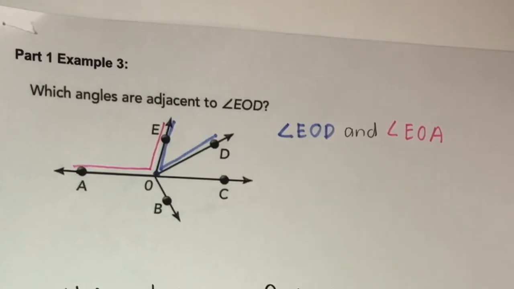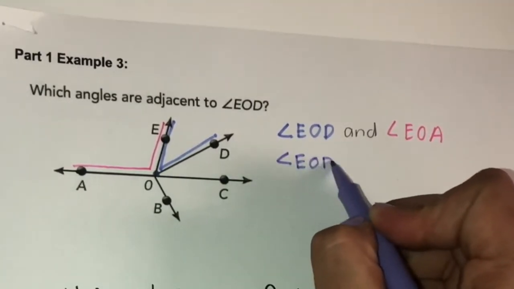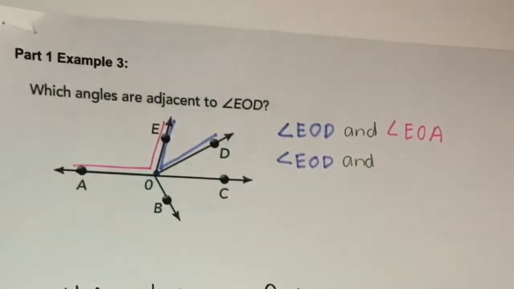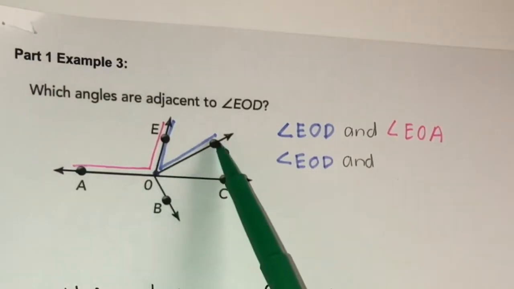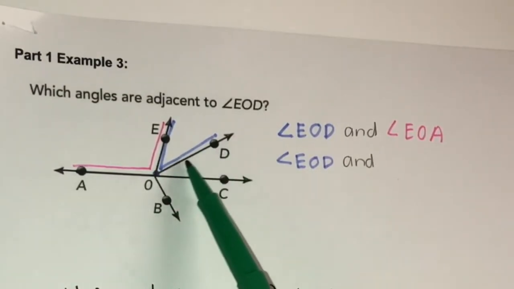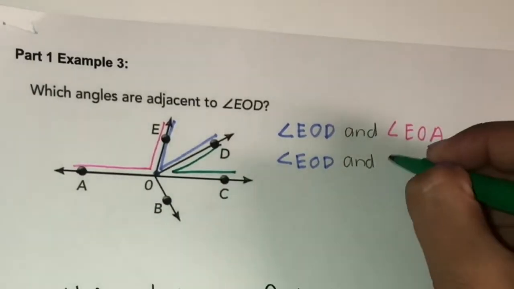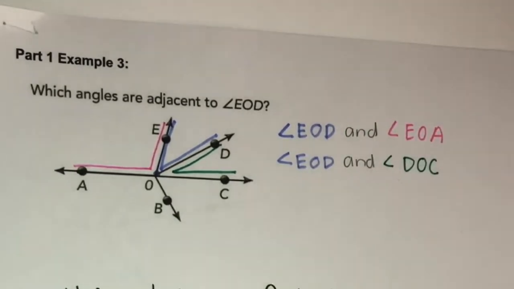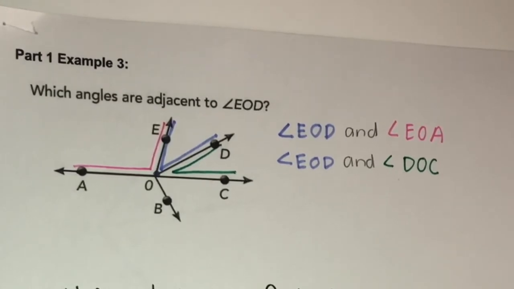Now if we look at the other side, angle EOD and we're looking at the other side of this angle, they would share this side, so it's angle DOC. Are there any other angles that I missed that are adjacent to angle EOD?